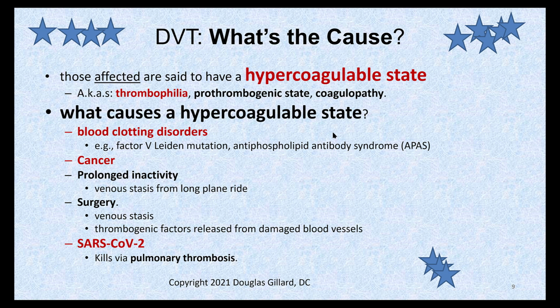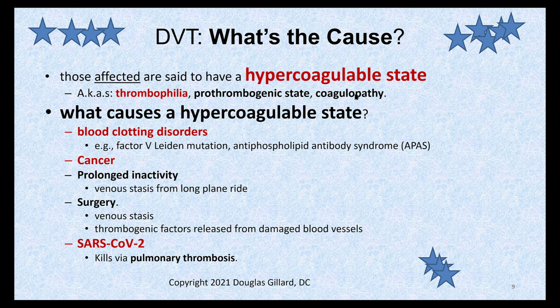So that's DVT. What causes DVT? Talked about in class. These people have a hypercoagulable state for some reason. And there were AKAs: thrombophilia, prothrombotic state. We said coagulopathy is some authors loosely use that term for a hypercoagulable state, a blood clotting person.